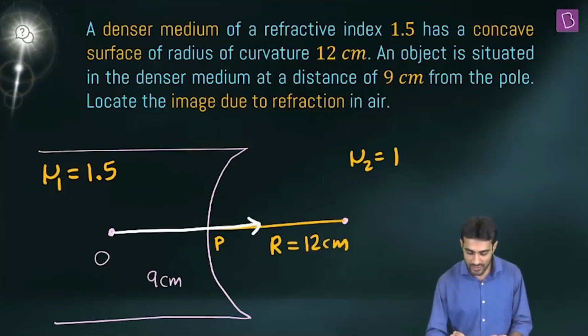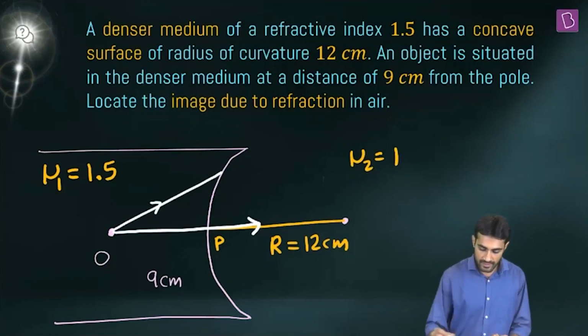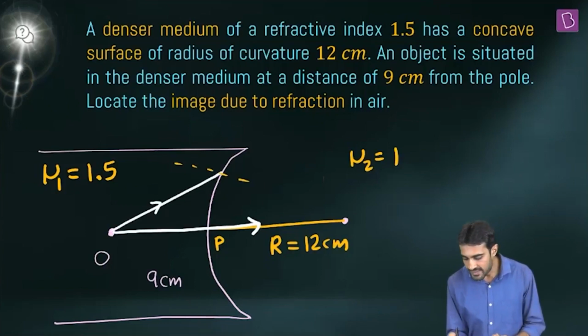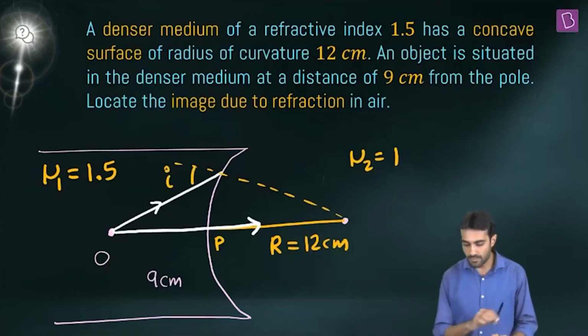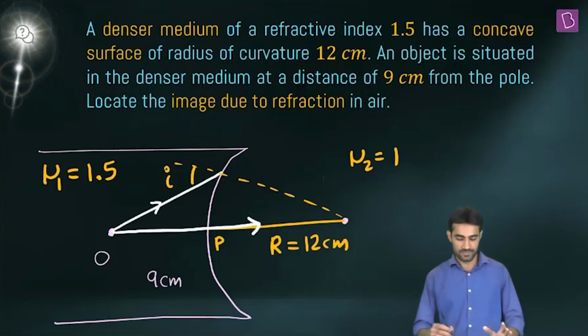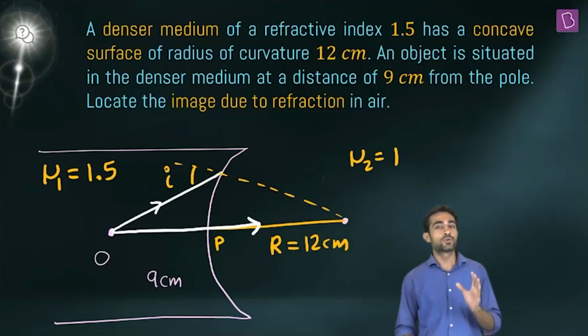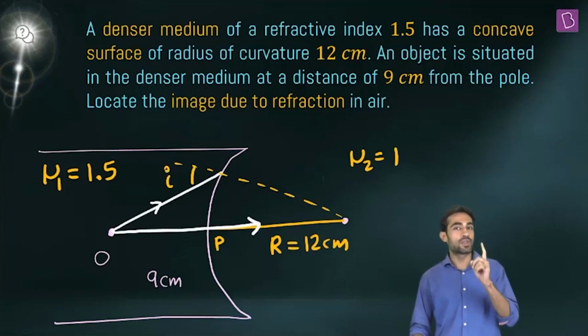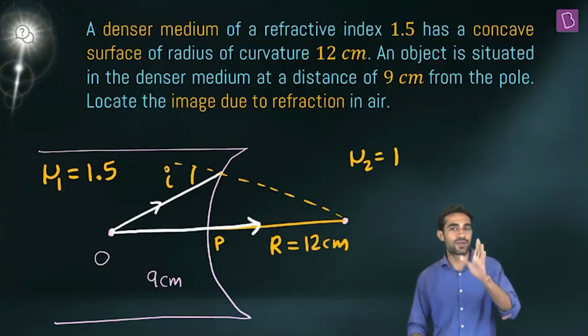Nice. And let us draw another ray. Now this ray is very special, and we can see the angle of incidence is like this. So this is the angle between normal and the ray of light. Now you can see I have drawn a normal very carefully. It will pass through center of curvature.